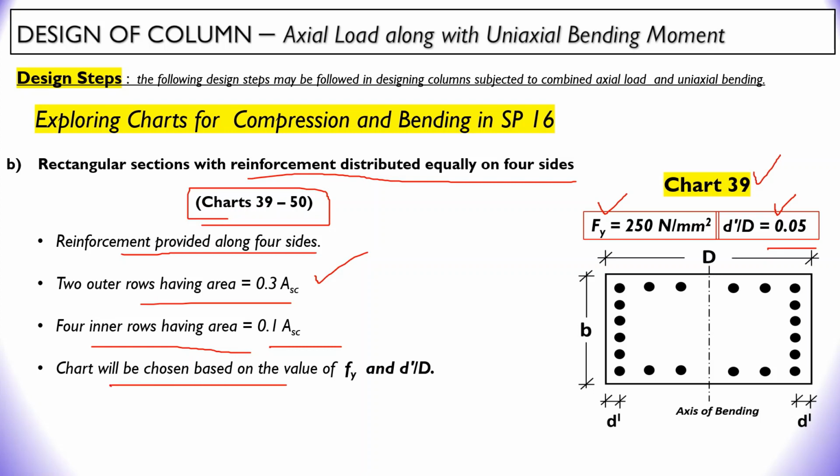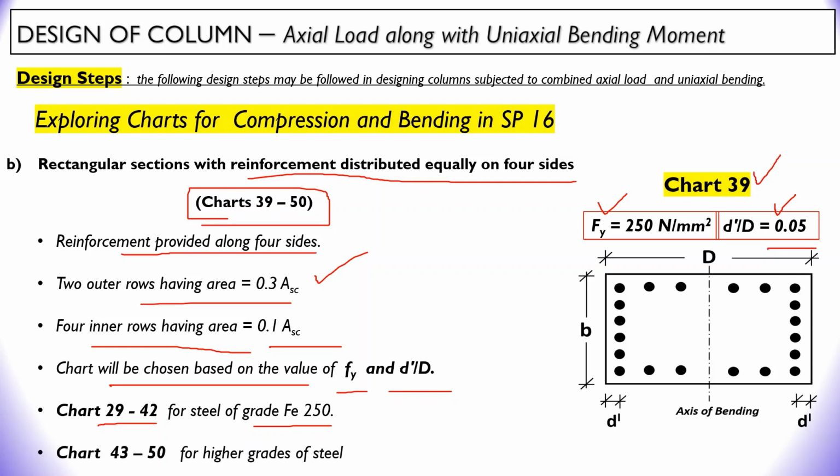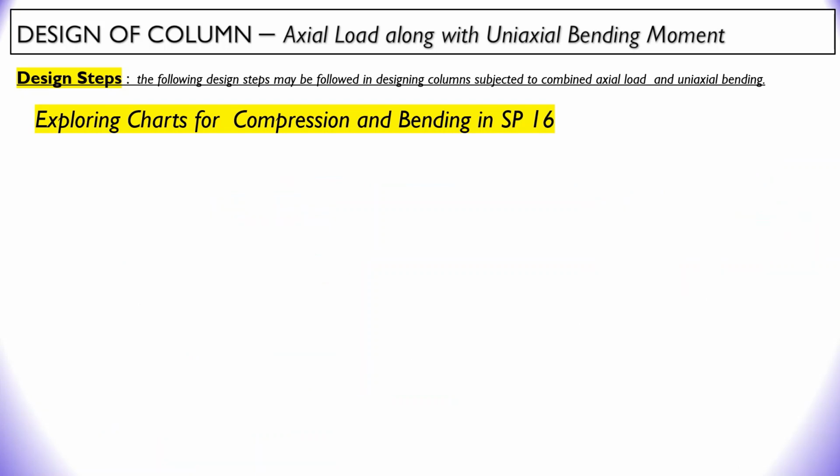So the chart will be chosen again based on Fy and the d dash by D ratio. And charts number 39 to 42 are applicable when the grade of steel is Fe250. And similarly chart number 43 to 50 are applicable for higher grades of steel, as already discussed, that it may be Fe415 and Fe500. So accordingly, charts are available and we can select the relevant charts for design purposes.